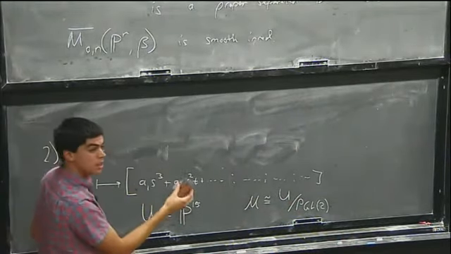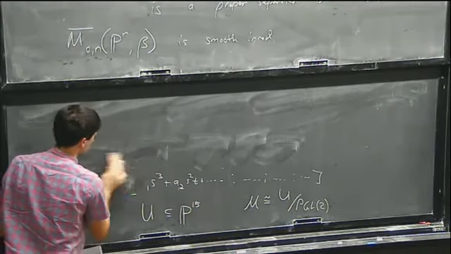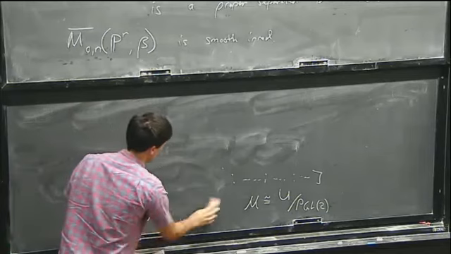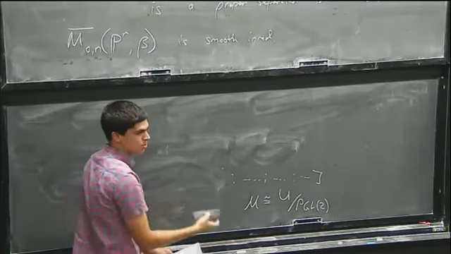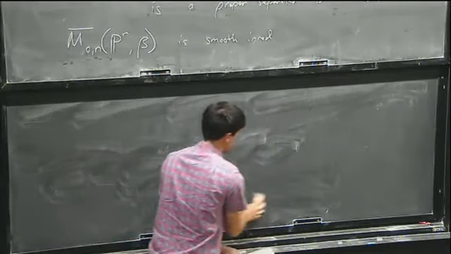And the dimension can be bigger than the formula. Yes, it certainly can, just like in the case of the Hilbert scheme, in this example, where the other component of the Hilbert scheme had dimension 15 instead of 12.